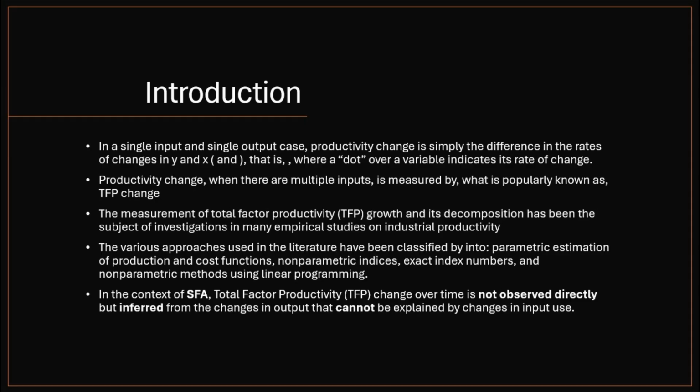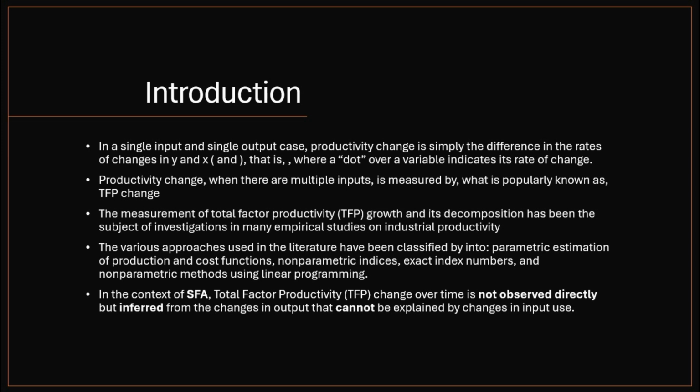Okay. In the single input and single output case, the productivity change is simply the difference in the rate of change in y and x. The productivity change when there are multiple inputs is measured by what is popularly known as the TFP change. The measurement of total factor productivity growth and its decomposition has been the subject of investigation in many empirical studies of industrial productivity.